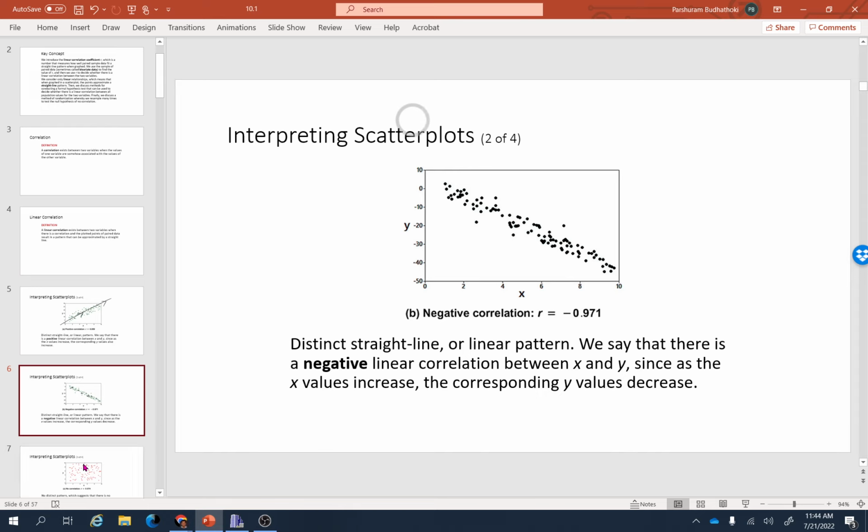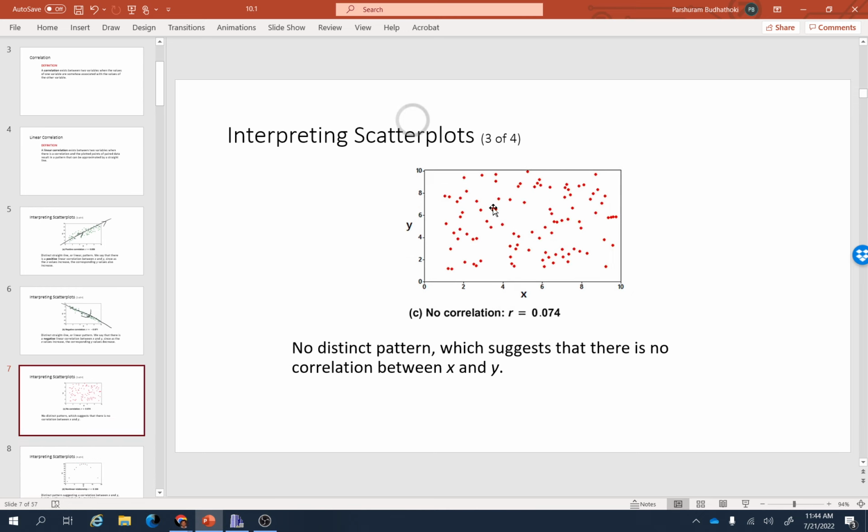Here in these sets of data, it's not on one line, but the relation is linear, and it's going down. So we say that there is a negative linear correlation because the straight line is going down.